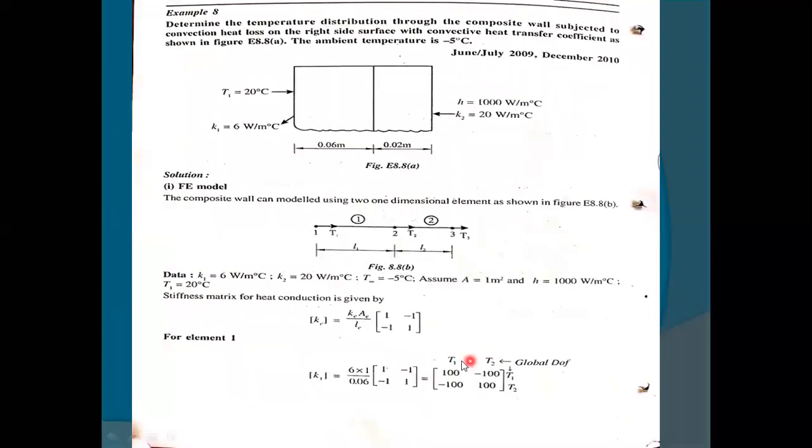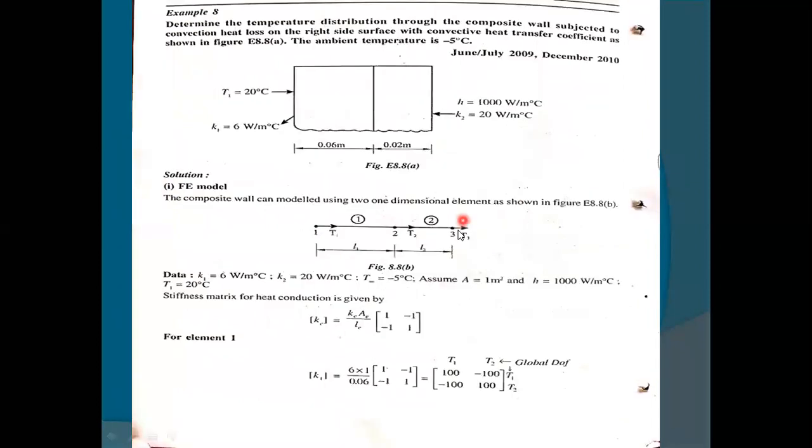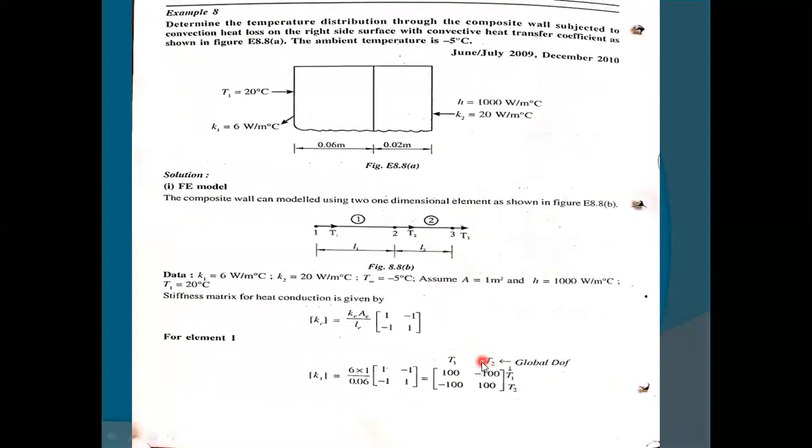Now we add the entries. For T1, T1, we see the value is 100, and since the other matrix doesn't have T1, it stays 100. Next, T2, T1: in this matrix we have -100, and the other matrix doesn't have T2, T1, so it stays -100. For T3, T1, neither matrix has it, so it is 0.